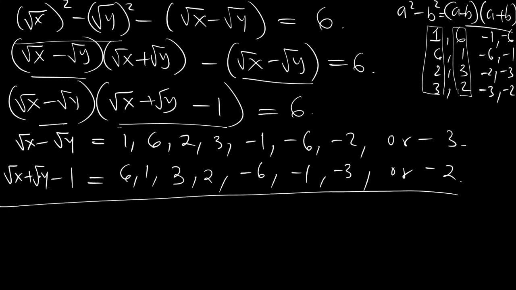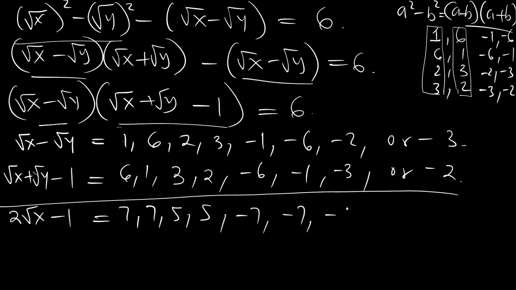We add, and this radical will eliminate itself. Now you have 2 square root of x minus 1 equal to 1 plus 6 is 7, 7, 5, 5, minus 7, minus 5.